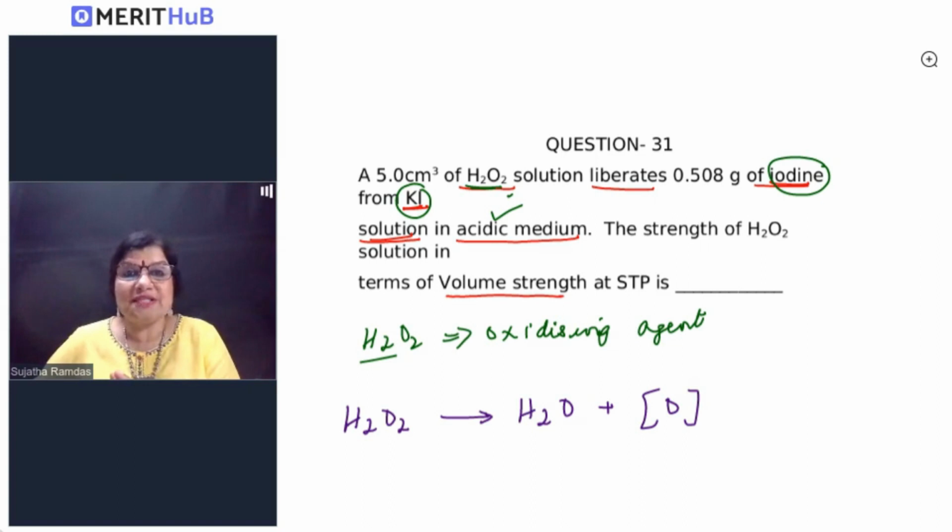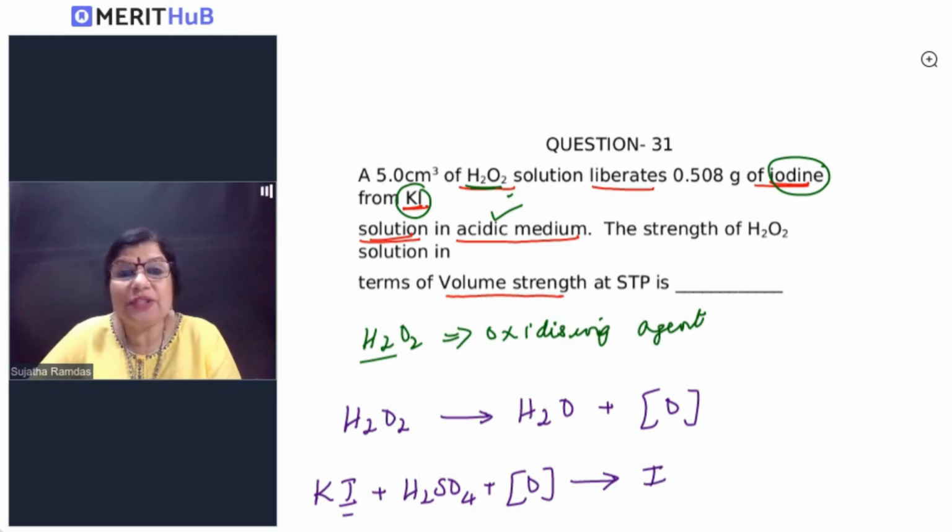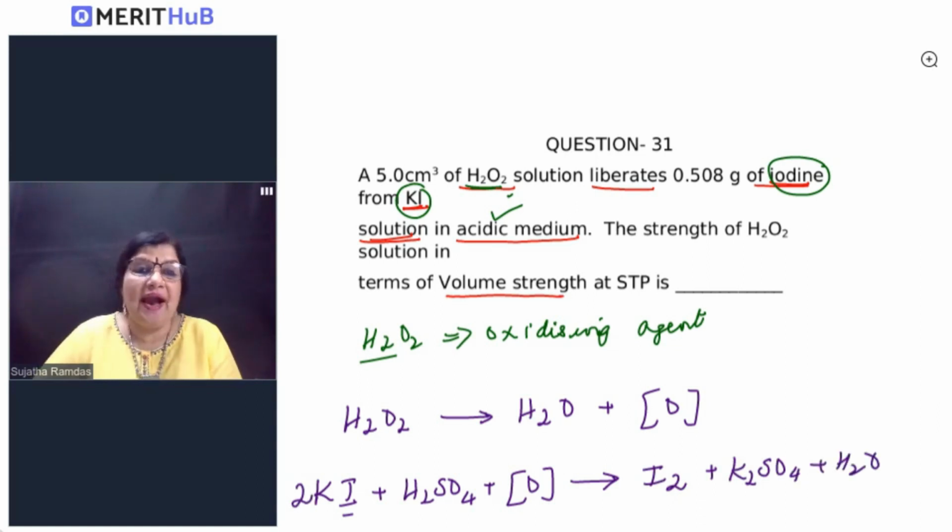Now this nascent oxygen is gained by potassium iodide. So here we have potassium iodide in the presence of an acid, it could be hydrochloric acid or sulfuric acid, which gains this oxygen. Potassium iodide gets converted to iodine, the other products being the salt, potassium sulfate, and water. So we have to write 2KI.